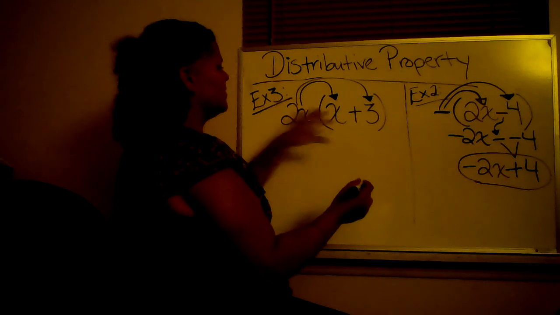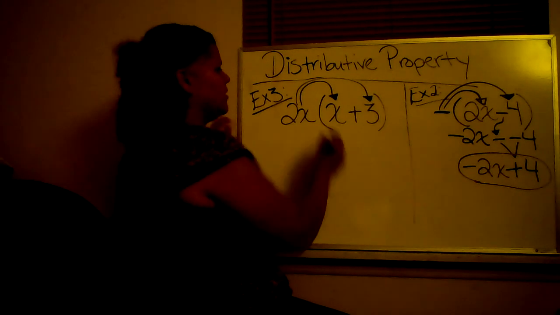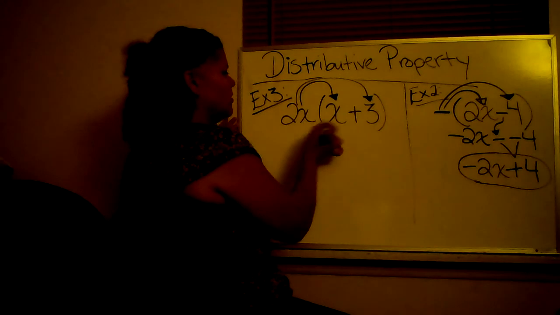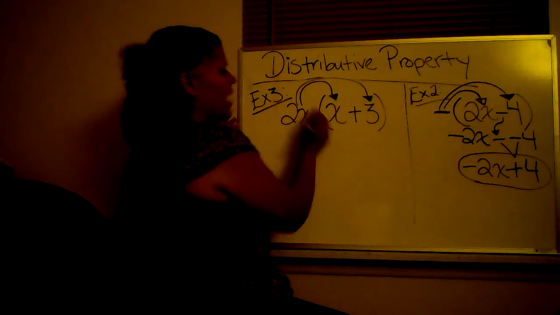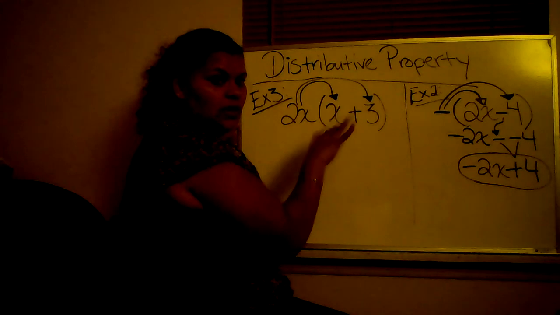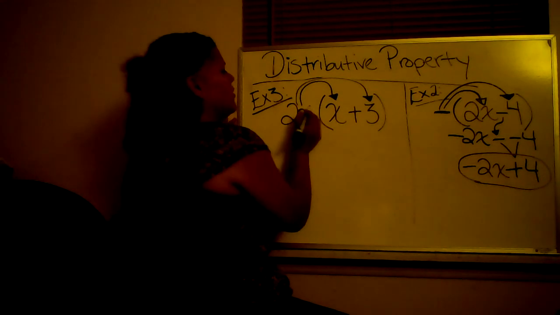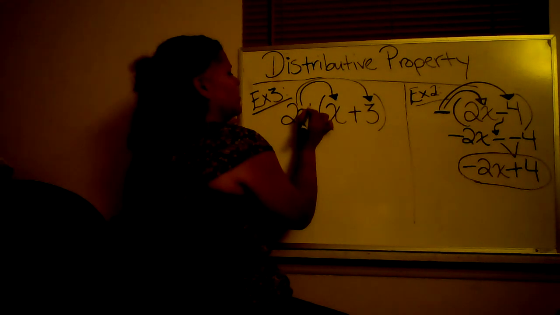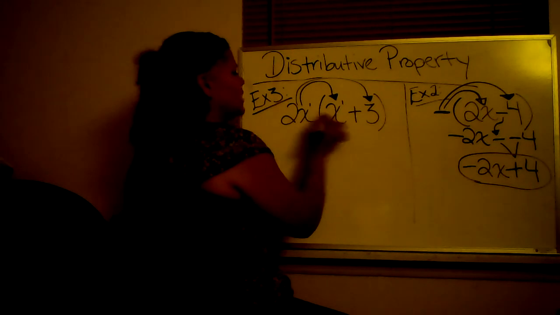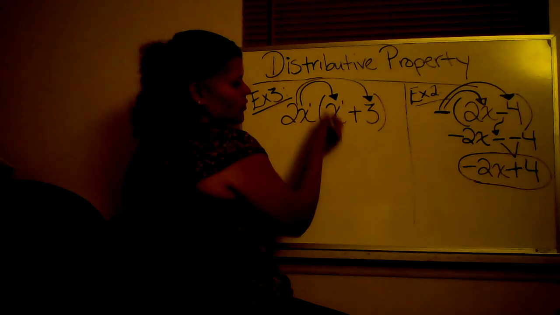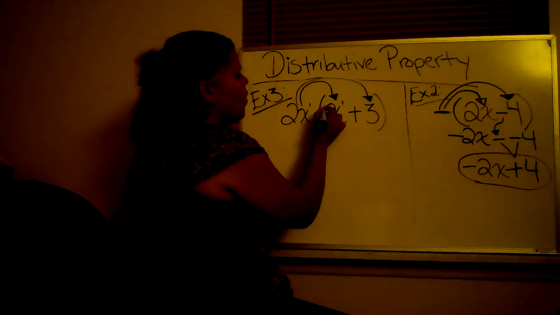So 2x times x, what happens here is you have 2 x's out here, and then you have an x out here. What you're doing is you actually have to add the exponents of the variable. So right here, there's an imaginary little 1, and then there's also an imaginary little 1 right here. Remember, when there's no number in front of a variable, there's a 1 there.